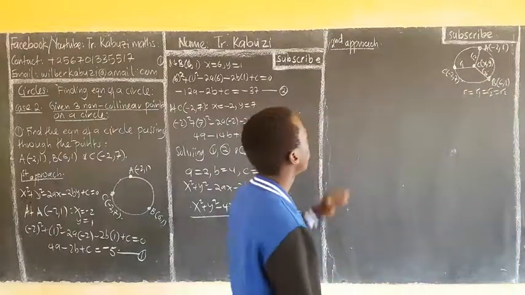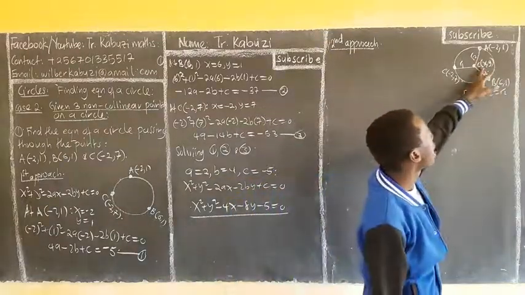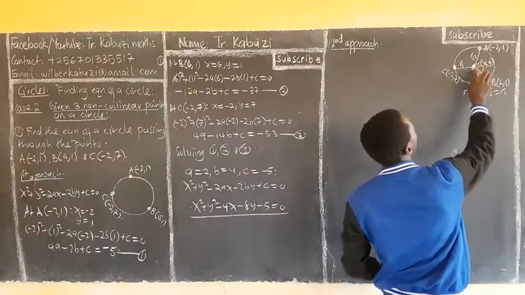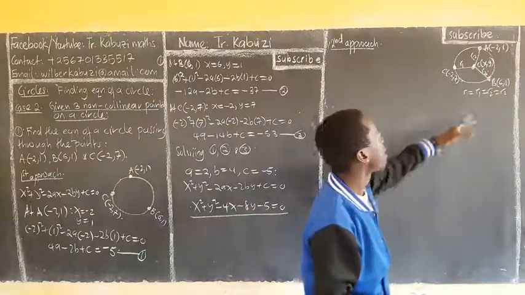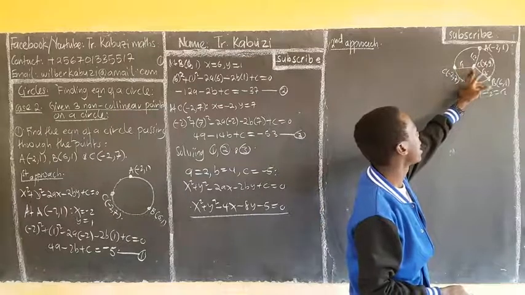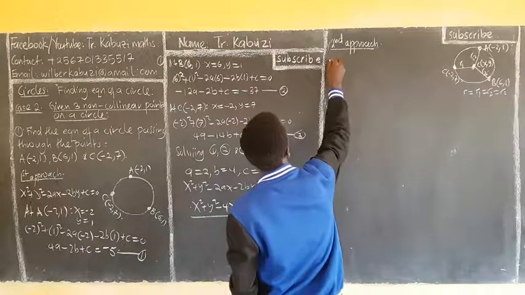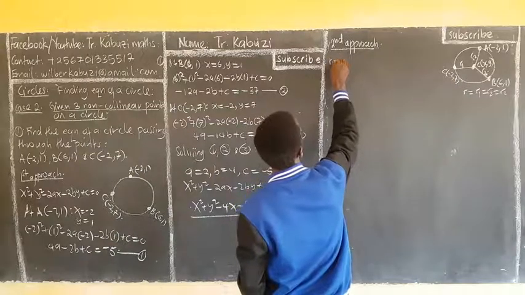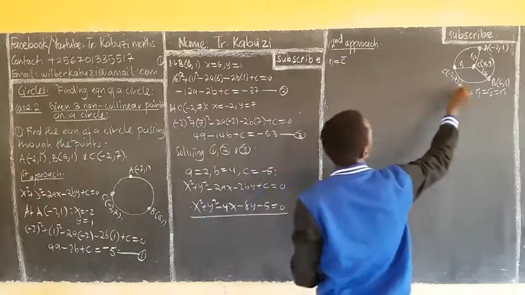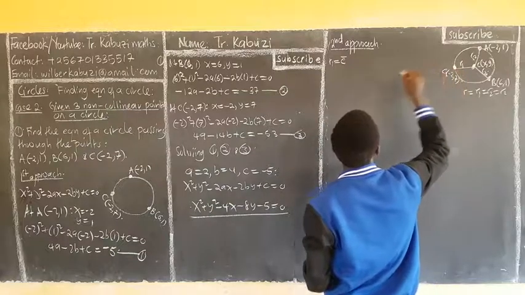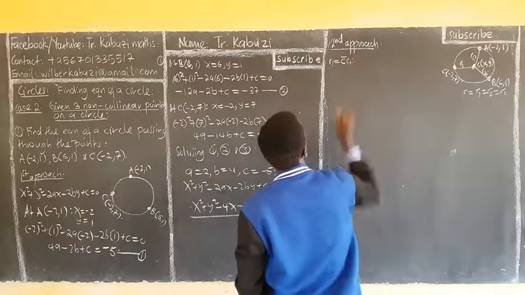So in simple terms, we have a center x, y. Now we are going to get the distance between this center and this point C, which I call radius 1. So radius 1 is going to be the distance between the center and C1.